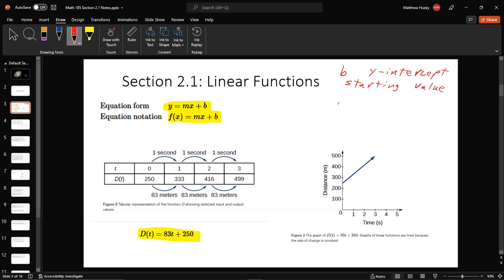And then the m is the slope, which is basically how you are moving. It's the rate of change, is sometimes what it's called. It's how you move to get to the next value.